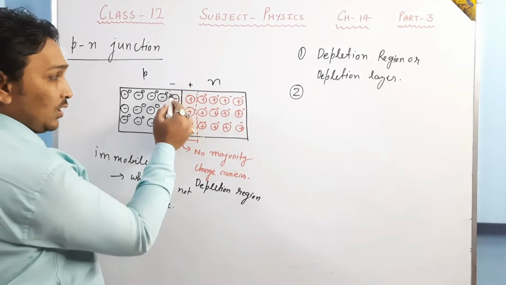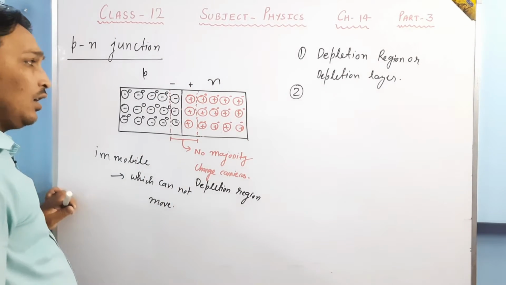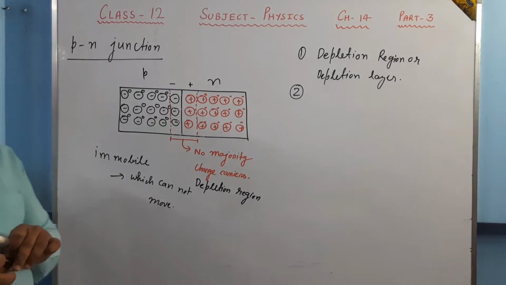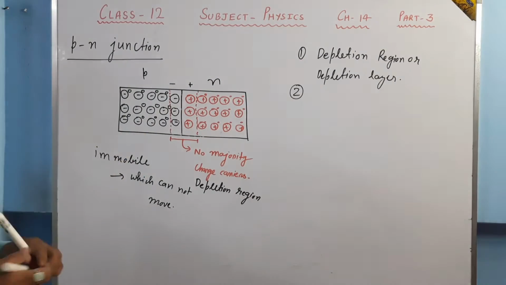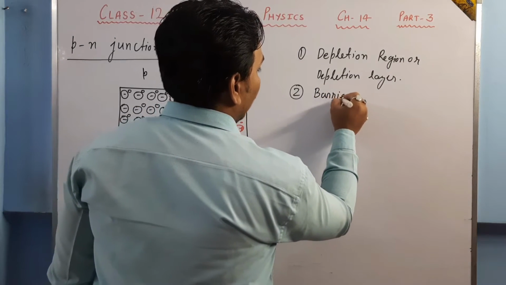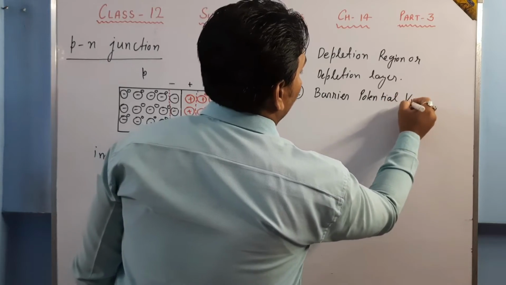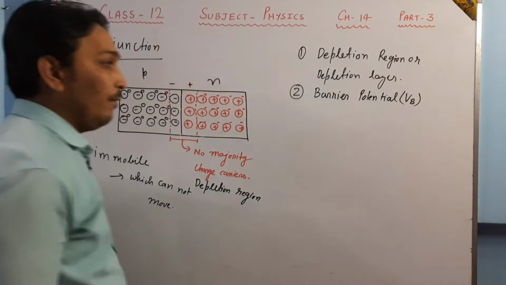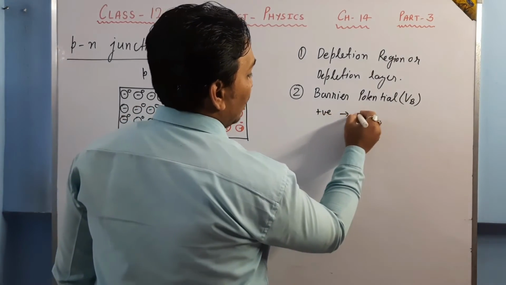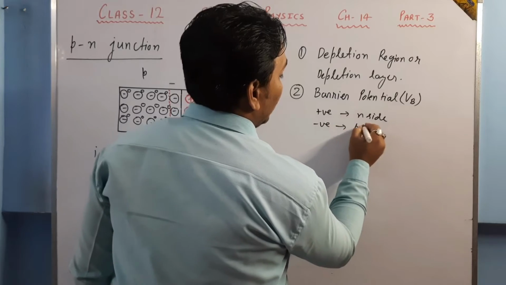So a voltage is created over here, and that voltage obstructs further diffusion. This potential is called the barrier potential, and it is denoted by VB. VB is positive on the n side and negative on the p side.